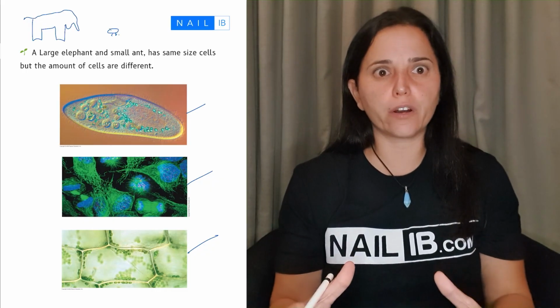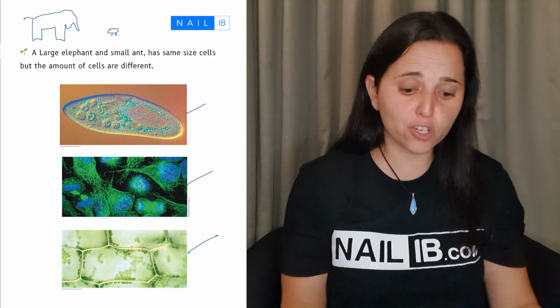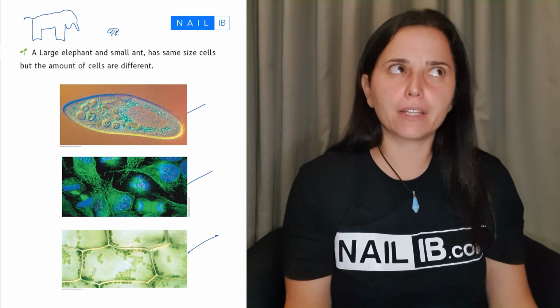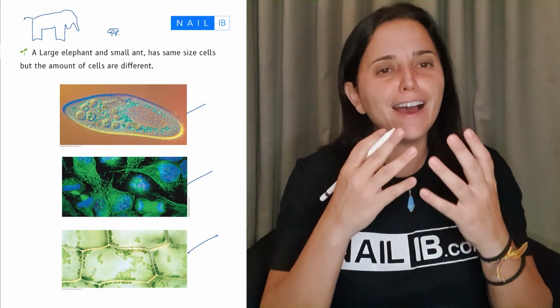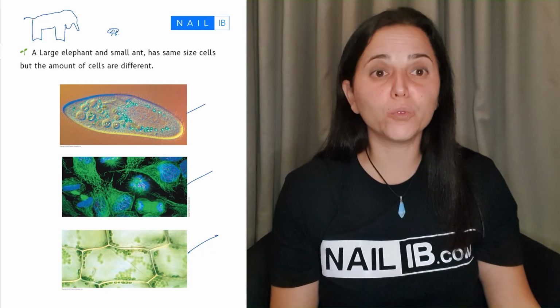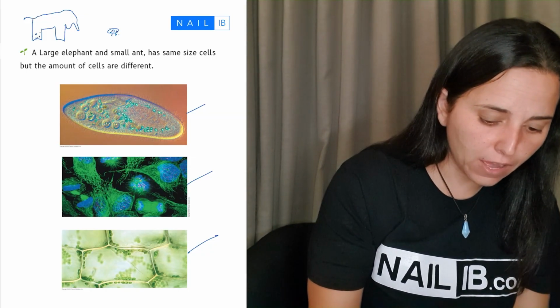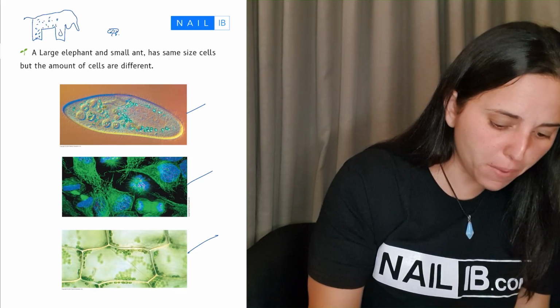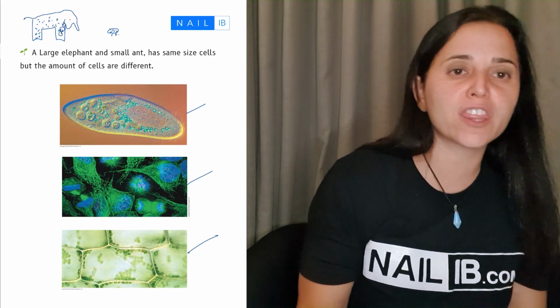You might think, oh, the little ant has smaller cells than the elephant. No, it's not true. It's just that the ant has a lot less numbers of cells compared to the elephant. The elephant will have much higher numbers of cells. It's not that they have bigger cells. It's just that they have extra numbers of cells.